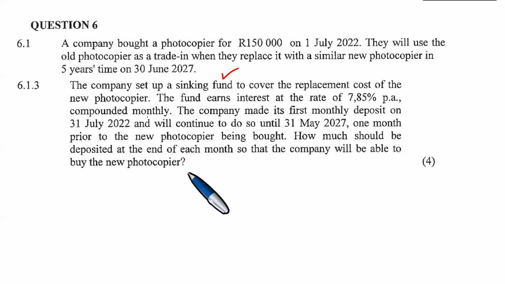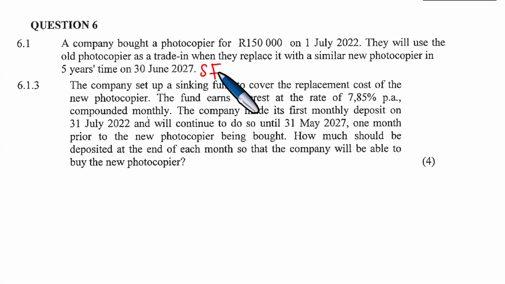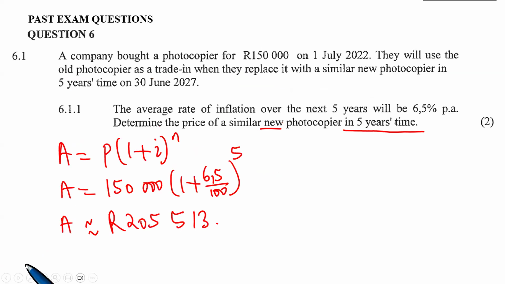Okay, here is the sinking fund. Note that at this point, you need to first find the sinking fund. And what is the sinking fund? The formula for the sinking fund is A minus T. Now the A we got is this one.